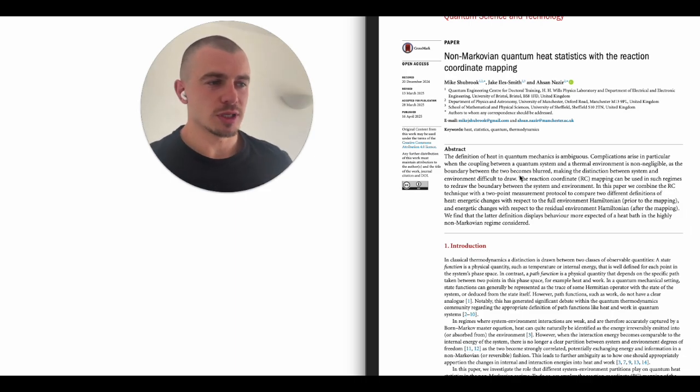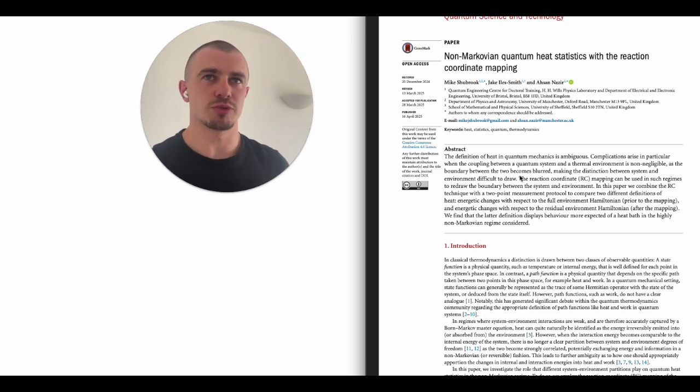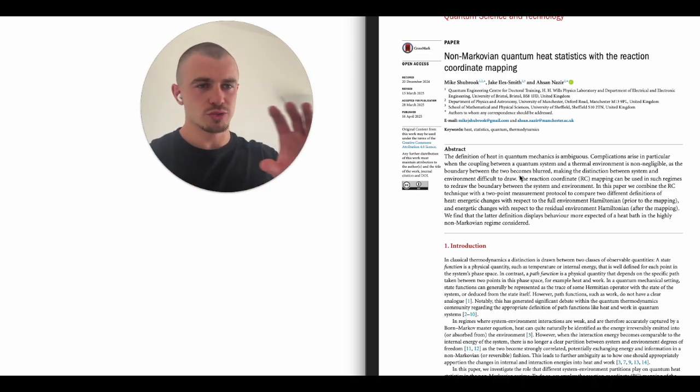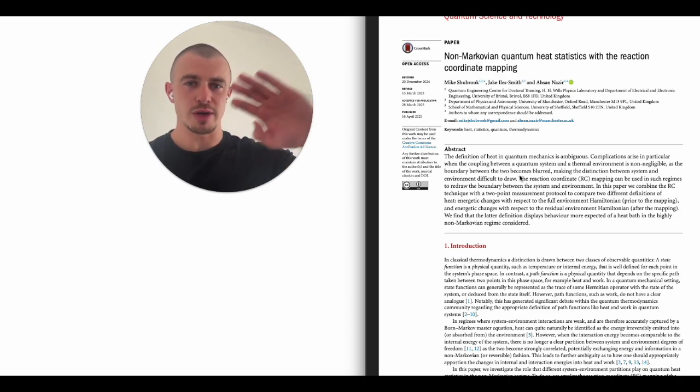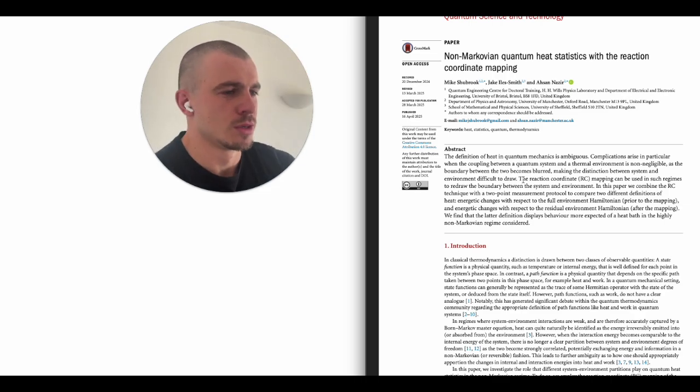Well, because if you want to define heat transfer between two objects, then you probably want to be able to define those two objects distinctly in the first place. Right? Whereas if there's a blurry boundary between the two, then it's going to be difficult to talk about energy crossing the boundary between the two because the boundary is blurry.